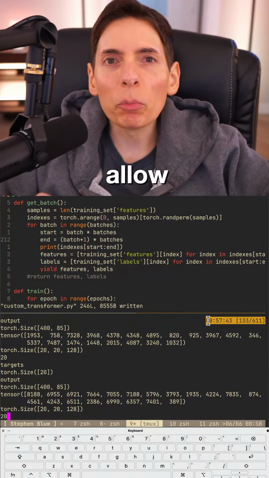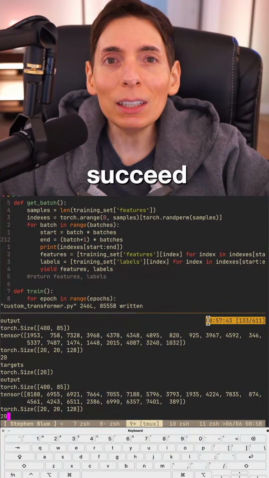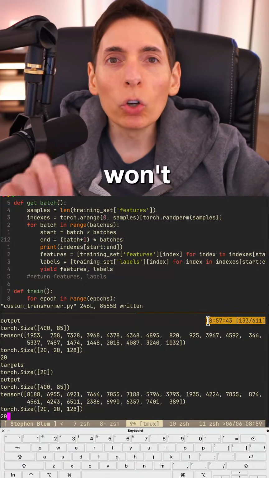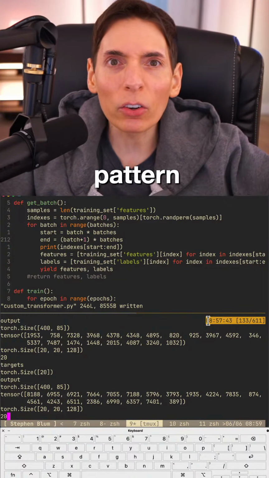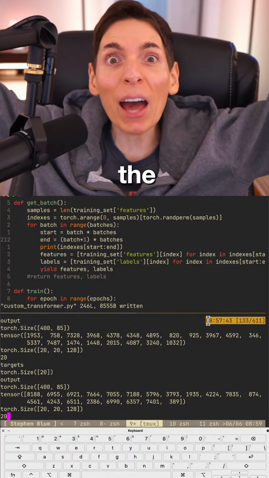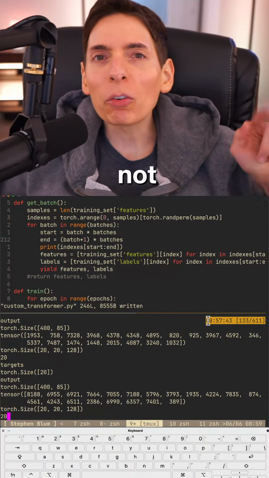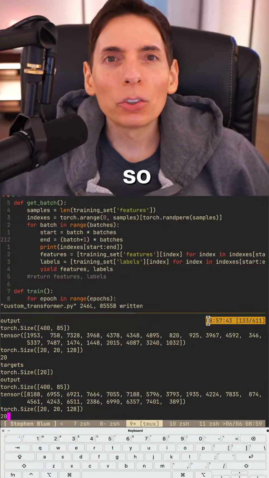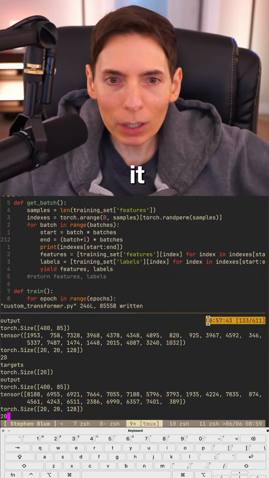Overfitting will allow the model to memorize something perfectly. However, it will not succeed as well when it sees data that it's never seen before. It won't know what the correct answer is because it assumes that it knows something in a really good pattern. It's like, I've memorized the pattern perfectly. Well, there's your problem. The world does not repeat patterns perfectly all the time, right? So you want to be able to generalize your model. And part of the way to do that is to shuffle the data when you're training it.